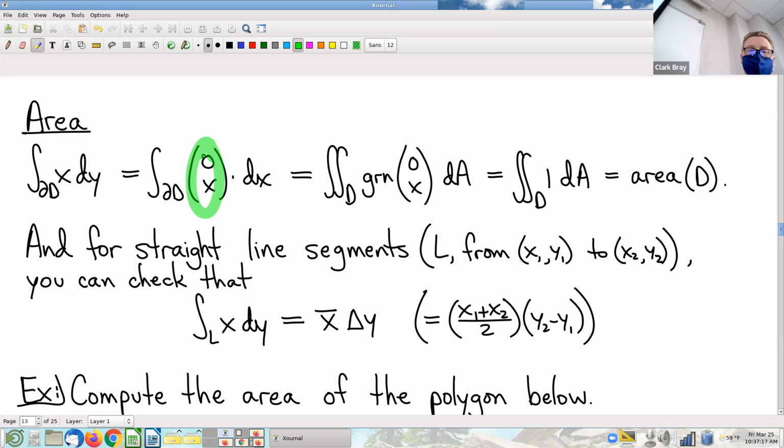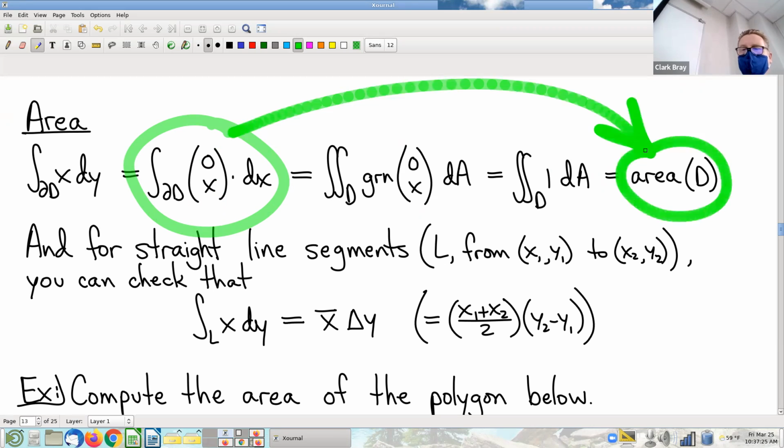Okay, so what we've got then is that a line integral around the boundary of a region will compute the area if you use the right vector field, right? And of course, the key idea is you've got to use this vector field, 0, x. Or one of the many others which you could choose from, but let's just use this one.